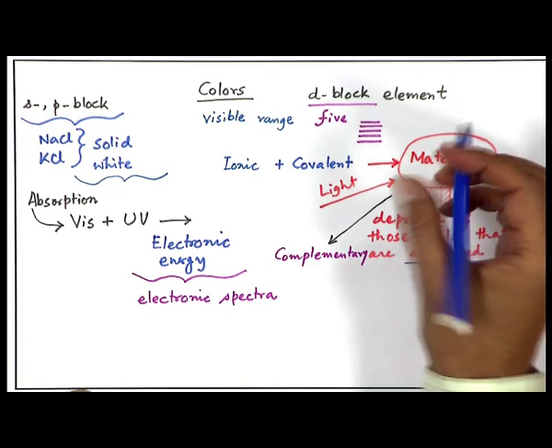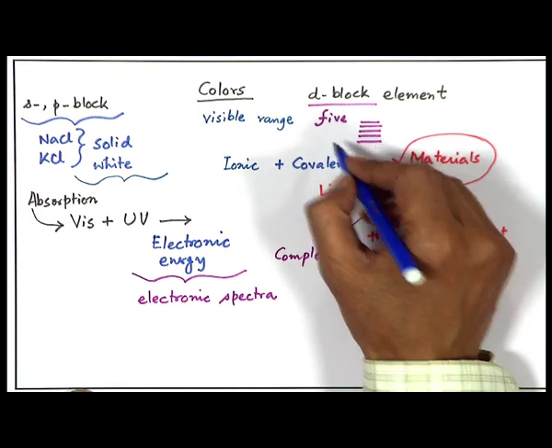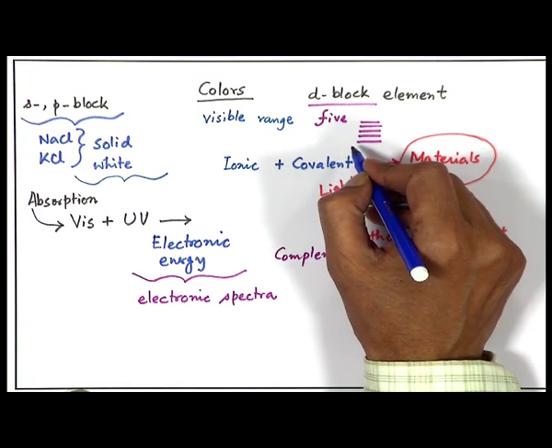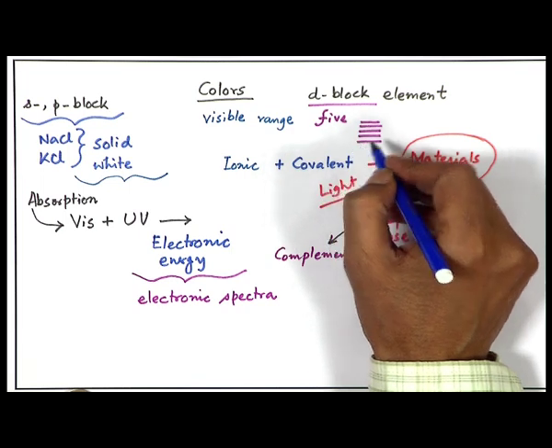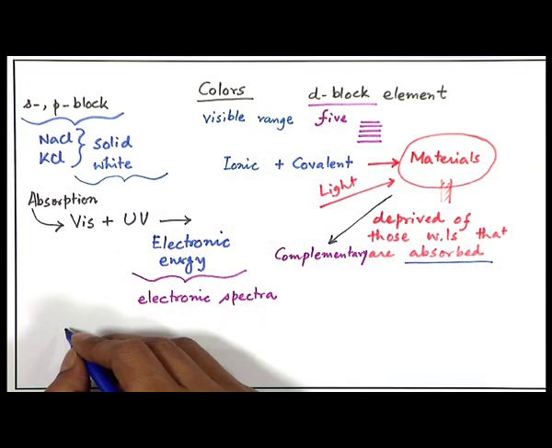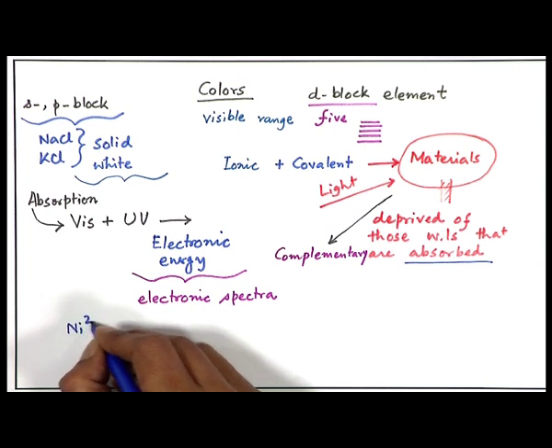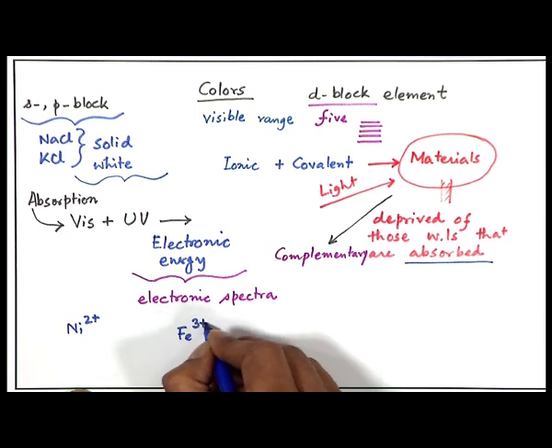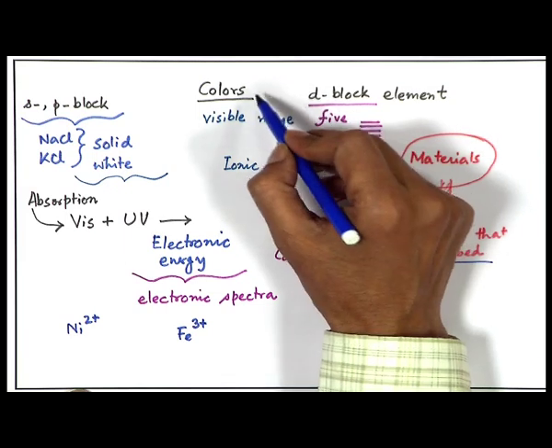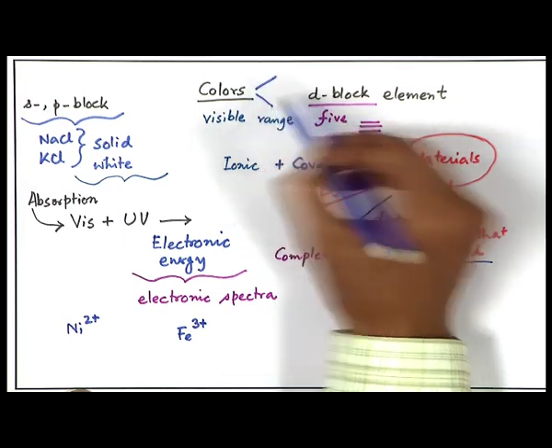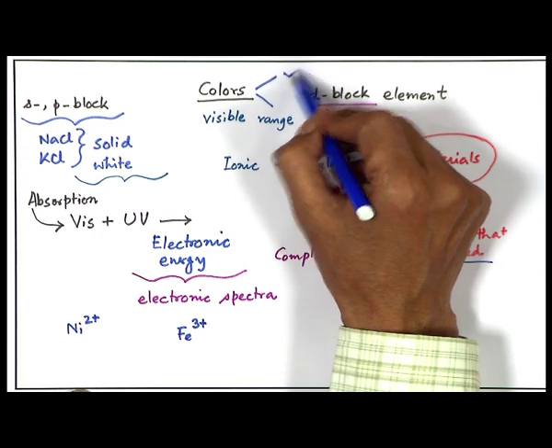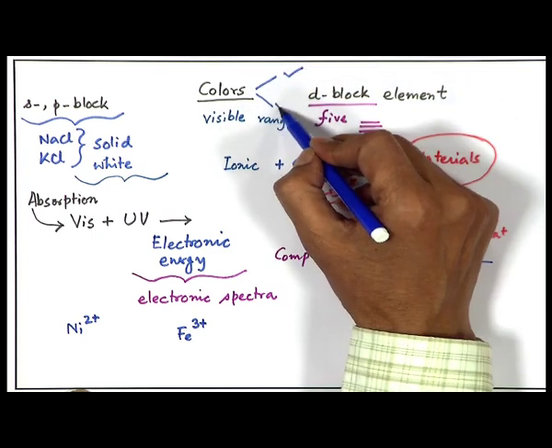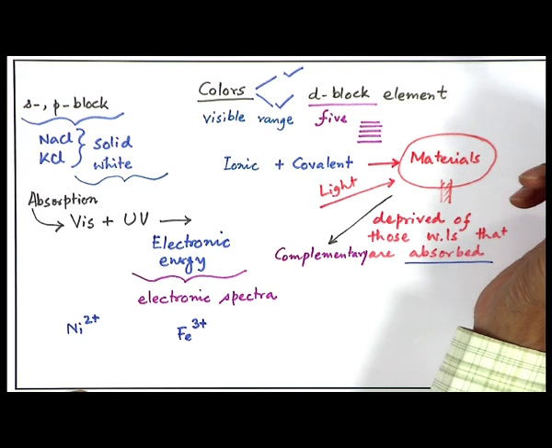But if we go for a species say Ni2+ or Fe3+ in solution, we will mostly be looking at the colors of two different types: the colors of the salts and the colors of the corresponding ions in solution.